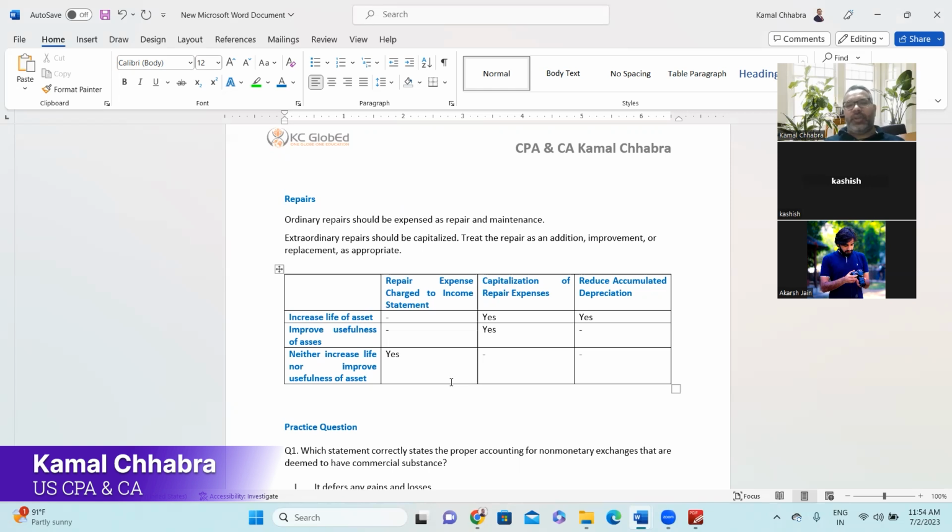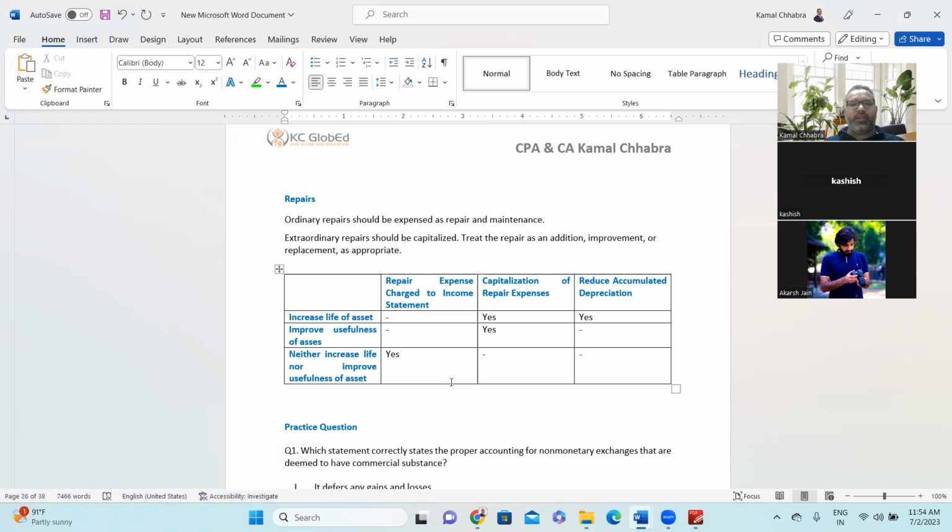Extraordinary repair should be capitalized. Treat the repair as an addition, improvement, or replacement as appropriate. So here, if you see this box on the top, what repair expense needs to be charged to the income statement, what repair expenses are to be capitalized, and what repair expense is to be used to reduce the accumulated depreciation.